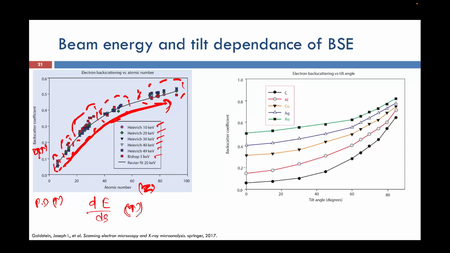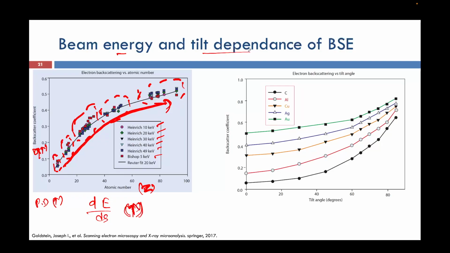So beam energy will not have a significant effect on the backscattered electron yield.